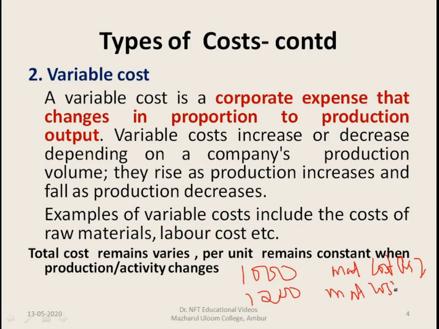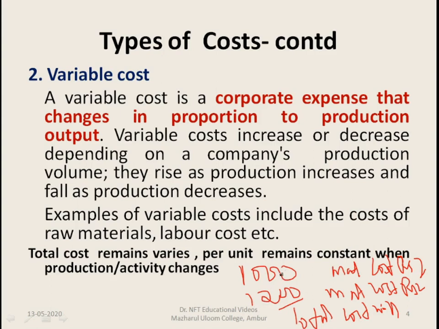Per unit it will remain the same, but the total cost will change. Total cost will change because, if you see, the cost per unit for 1,000 units is ₹2. For 1,200 also, the cost will remain the same at ₹2.